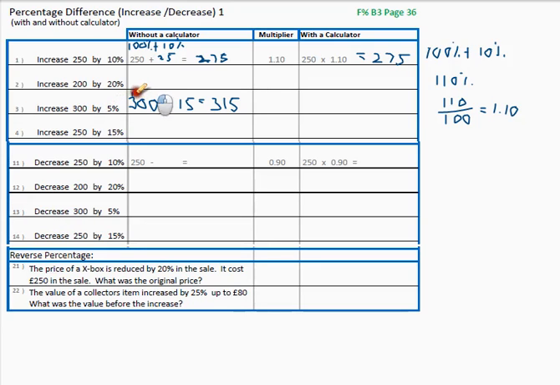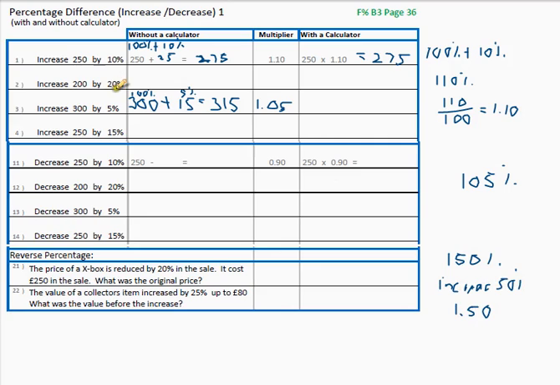Now what do you think your multiplier is when it's 5% and you increase? It's going to be 100% plus 5%, which is 105%. Divide by 100 is 1.05. Now don't say 1.50, because that would be increased by 50%, and that would be multiplier 1.50.